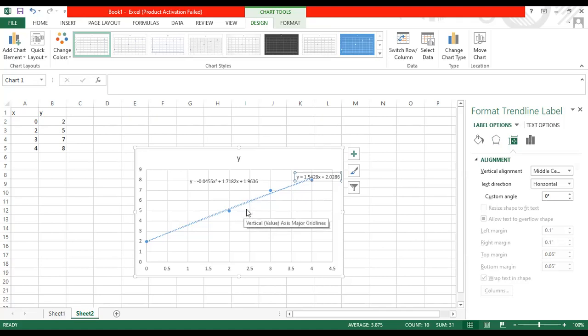So you do that more of a curve, sir? It's supposed to be a curve.